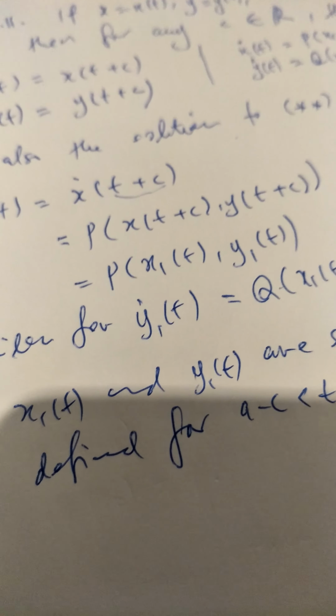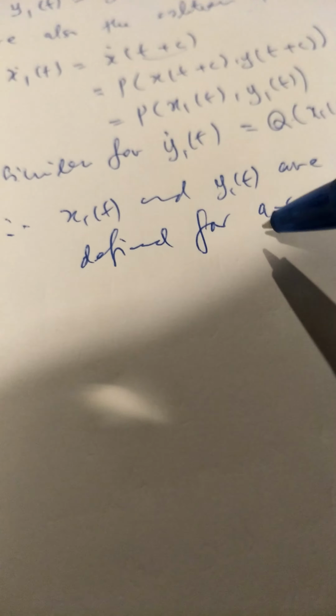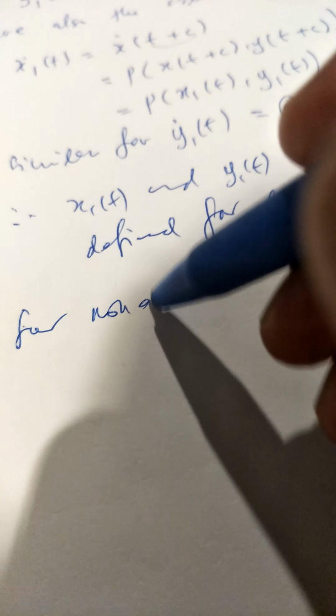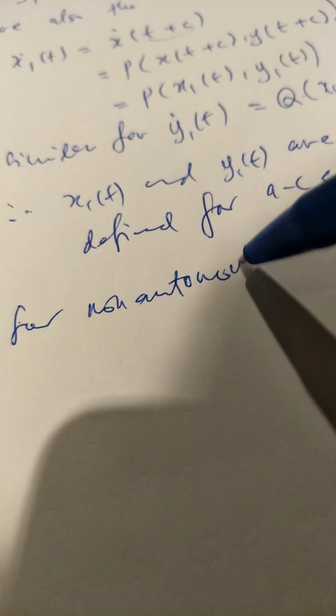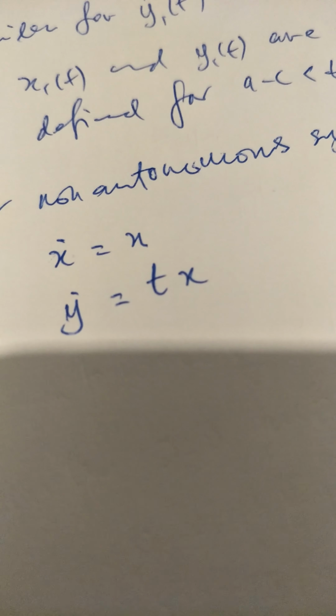Okay, so what about the non-autonomous system? Does this property apply? For the non-autonomous system, for example, we may consider x dot equal to x and y dot equal to t x.